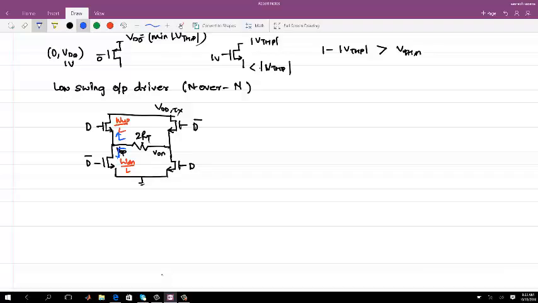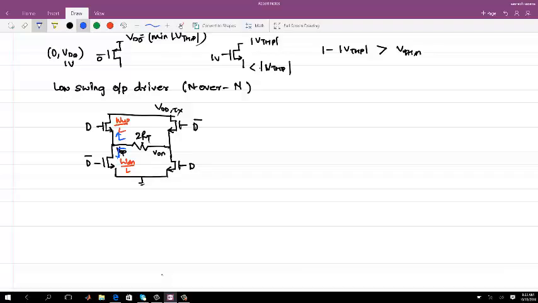So the size of the NMOS and the control voltage are right now in your hand to control, such that the output impedance of both of these equals 50 ohms. Okay.